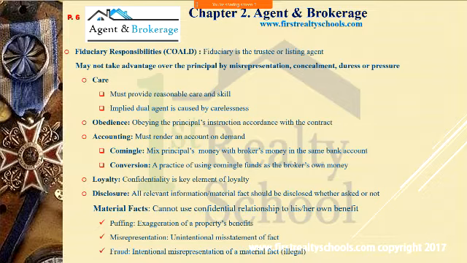Okay, first, when we say your duty of care, it means you need to provide your reasonable care and skill. What is our skill? A salesperson's skill is finding a buyer, getting the listing, and doing the negotiation of the offer between the buyer and seller side.